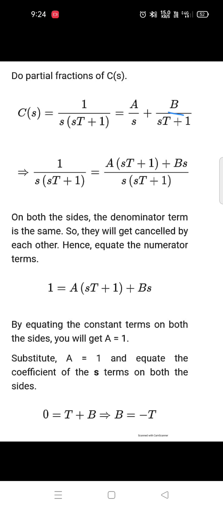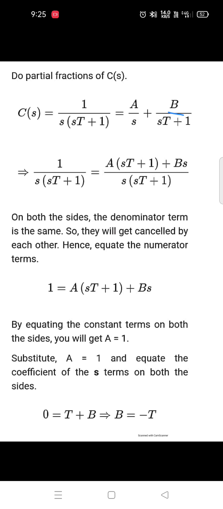By equating the constant terms on both sides, we get A equal to 1, and then substituting this value A equal to 1 and the coefficient of the s term on both sides, it will come as B equal to minus T. Okay, so by making partial fractions, we get A equal to 1 and B equal to minus T.